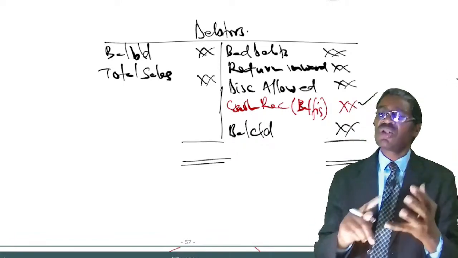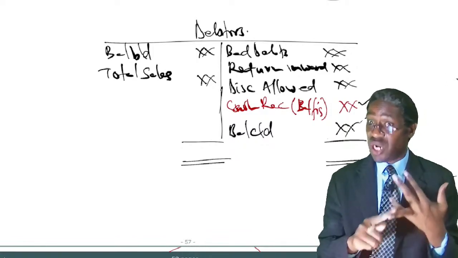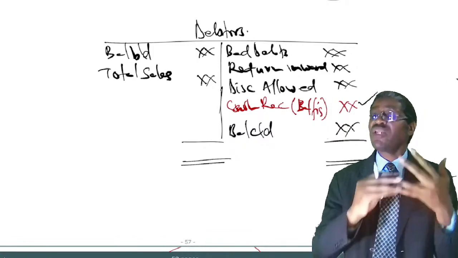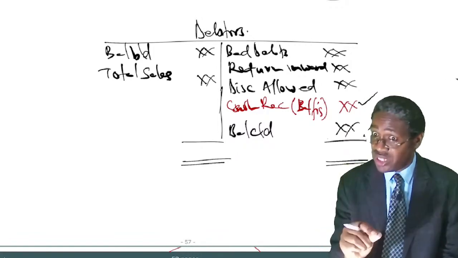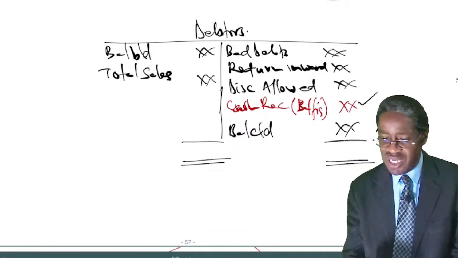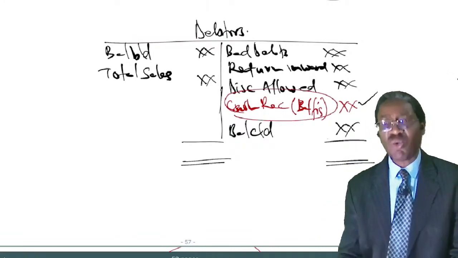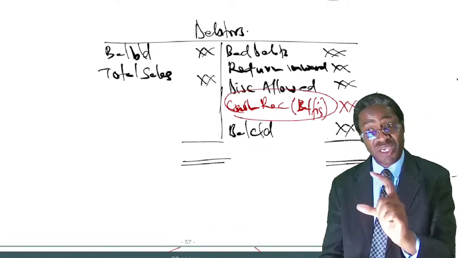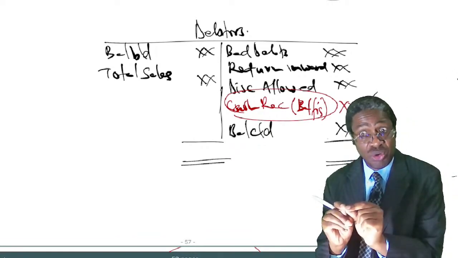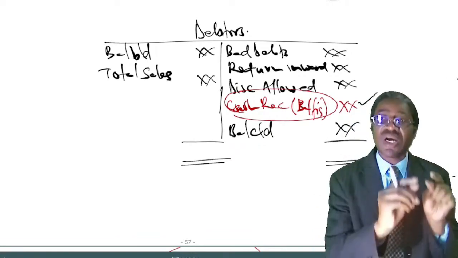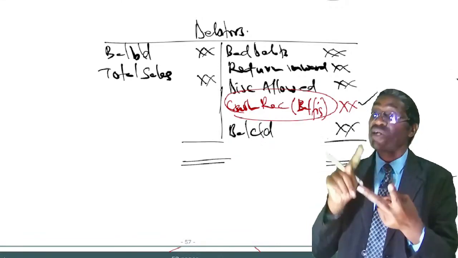We know that total sales include credit sales and cash sales. So when you use the total sales in this account, whatever you get as a balancing figure will not only be cash received from debtors, it will include cash received from both cash customers and credit customers.